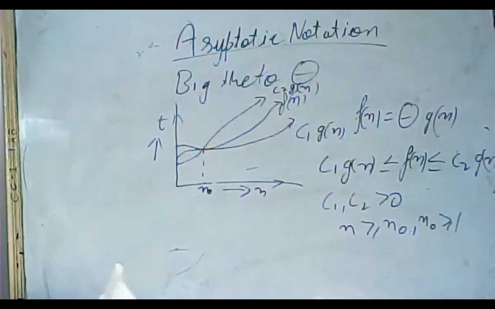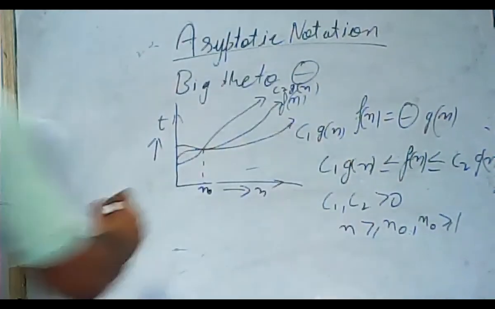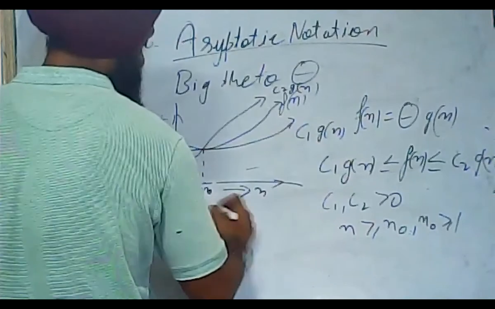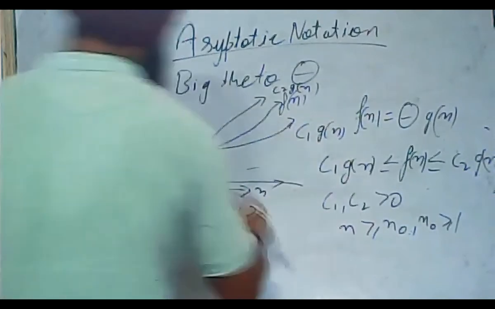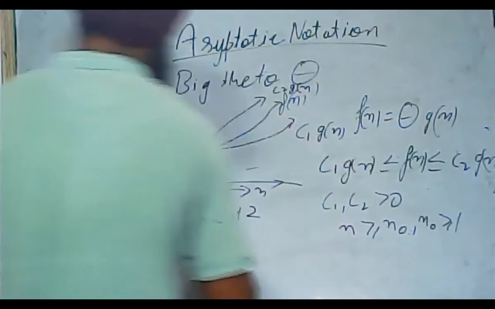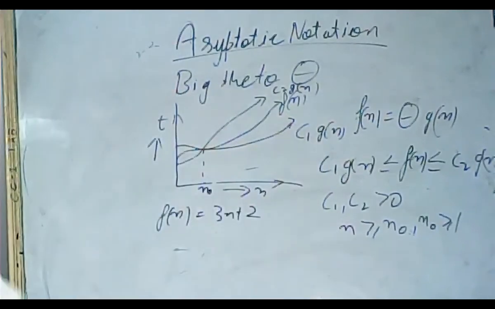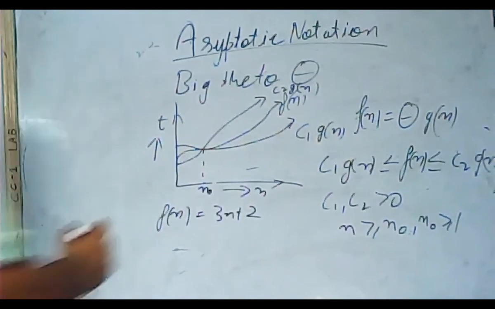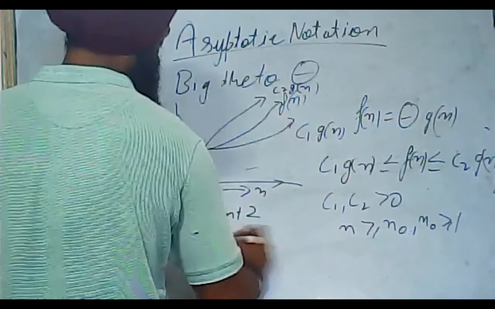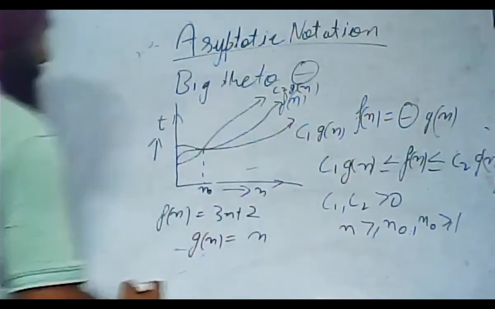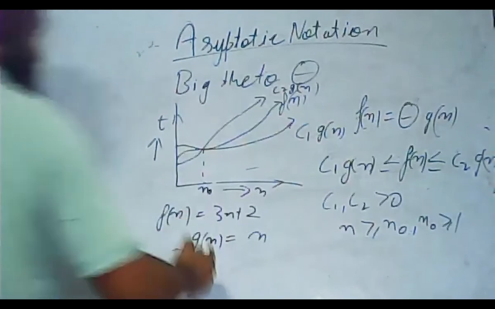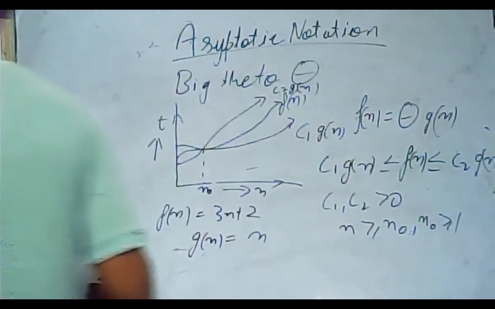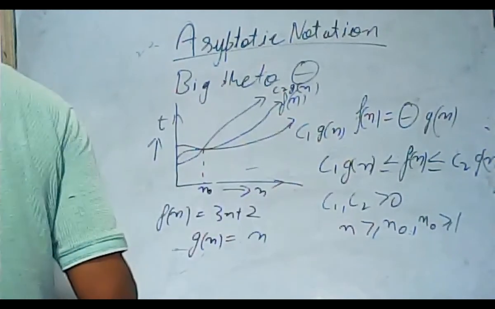We have already done both the examples. So we can say that this function f of n equals 3n plus 2. This is the time complexity of some algorithm. And I want to say what is the upper as well as lower bound of this function if g of n is equal to n. So I'll prove that both ways, which we have already done, or you can do it again.